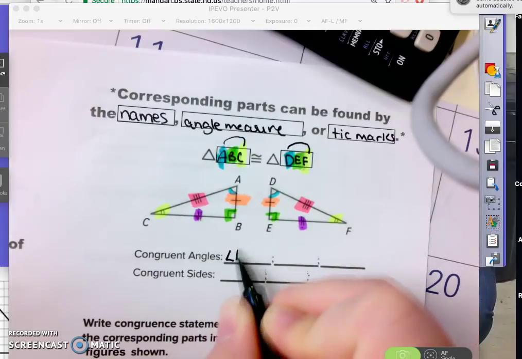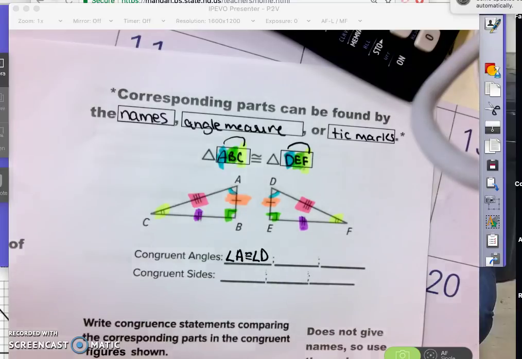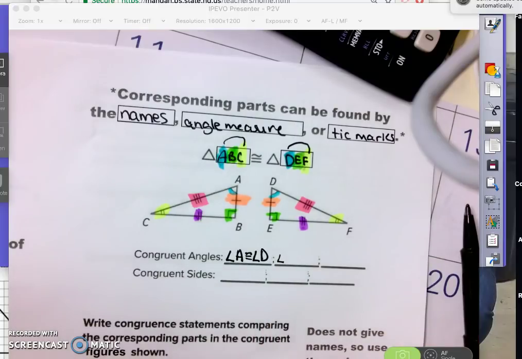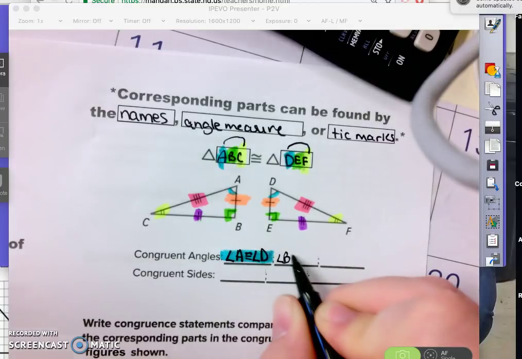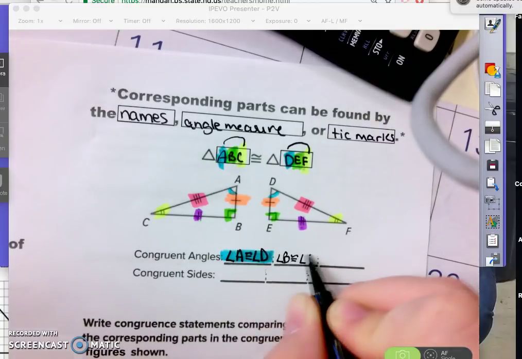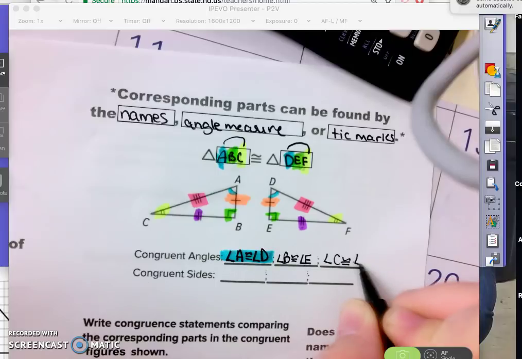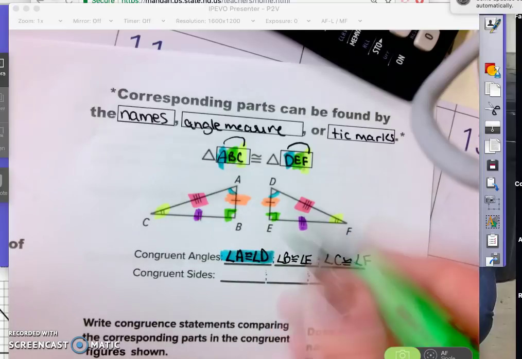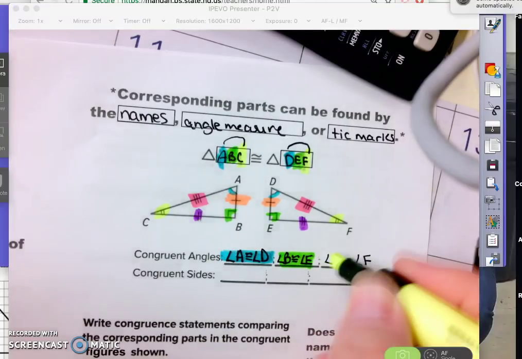So angle A is congruent to angle D. Angle B is congruent to angle E. And angle C is congruent to angle F. Our B was green, so I'm going to highlight that. And the last one was that yellow.